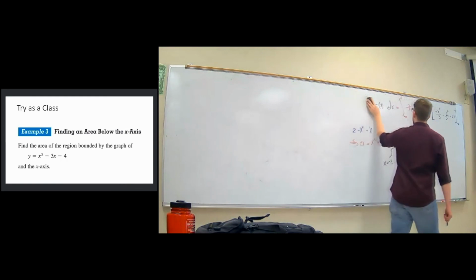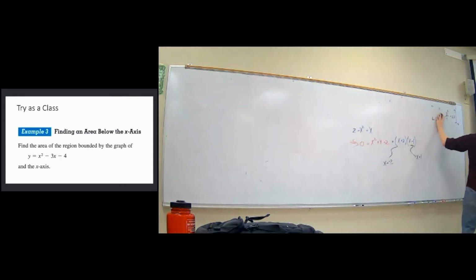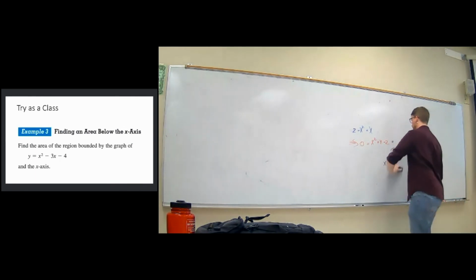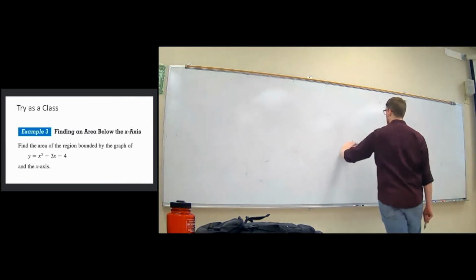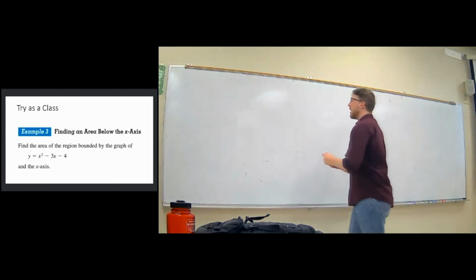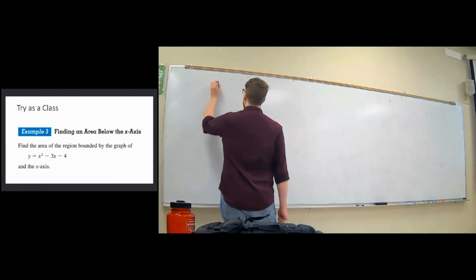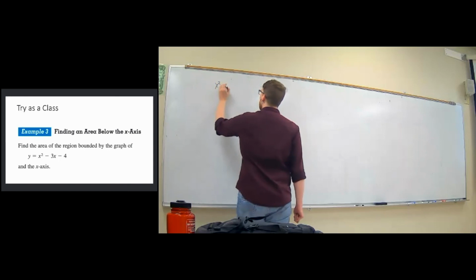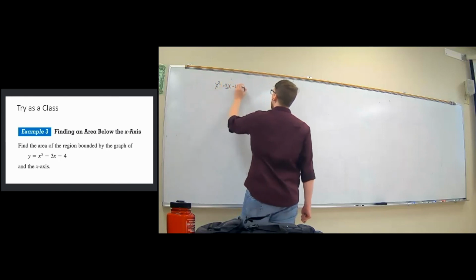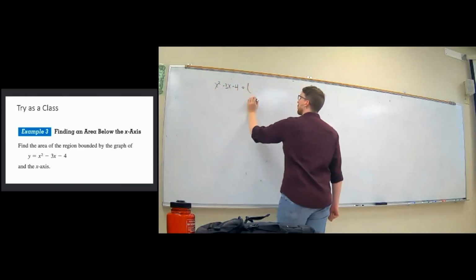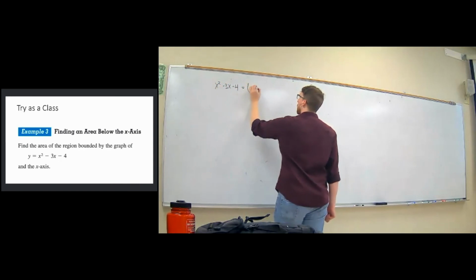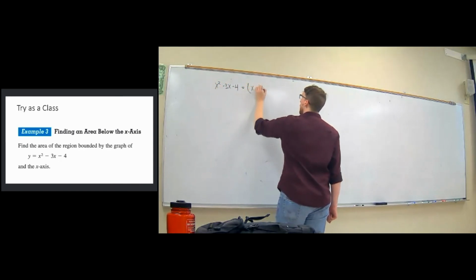Well, we can start by observing that this function factors out pretty nicely, actually. Start by saying, cool, we've got x squared minus 3x minus 4. That factors pretty easily into x plus 1 times x minus 4.